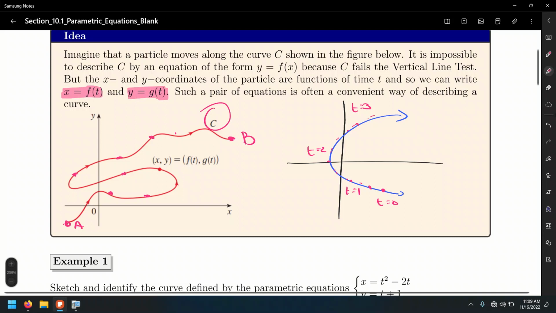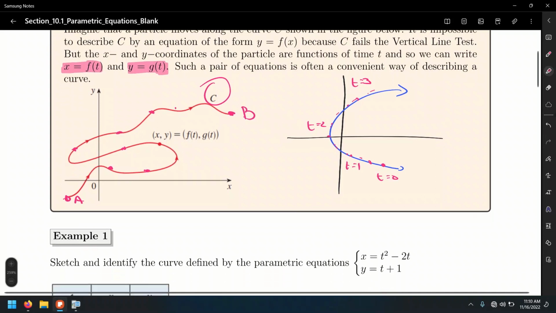For now we're going to look at the 2-dimensional case, with 2 equations and a parameter in the background. However, next semester in Calc 3, you're going to look at these parametric equations in 3 dimensions, to parameterize a curve or a line segment using 3 parametric equations. But that's going to be Calc 3. All right. So let's look at an example.